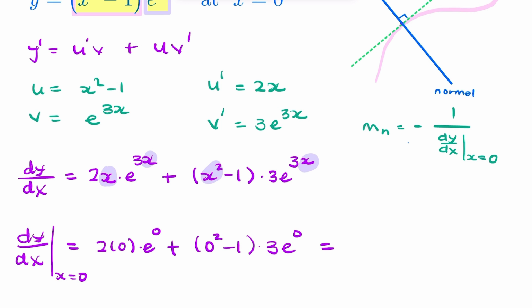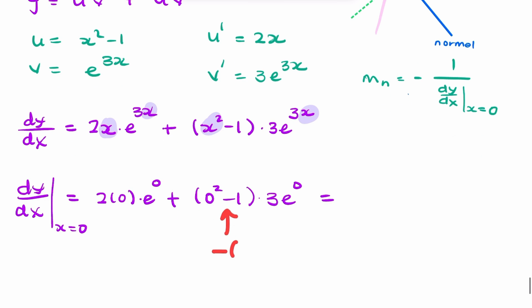So anything multiplied by 0 is 0, so that's 0. That's negative 1. And e to the power 0 is equal to 1. So it looks like we're going to get negative 3. You can put that in your calculator. So that is the gradient, that is dy by dx.